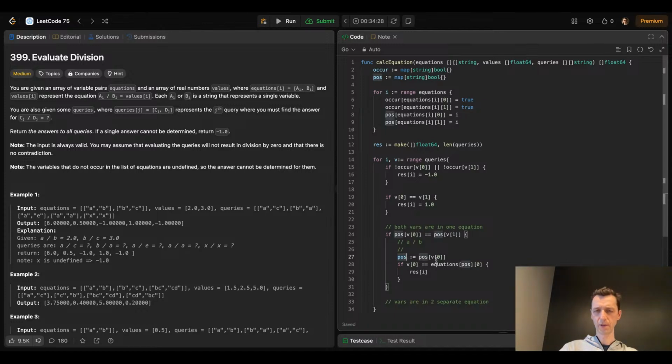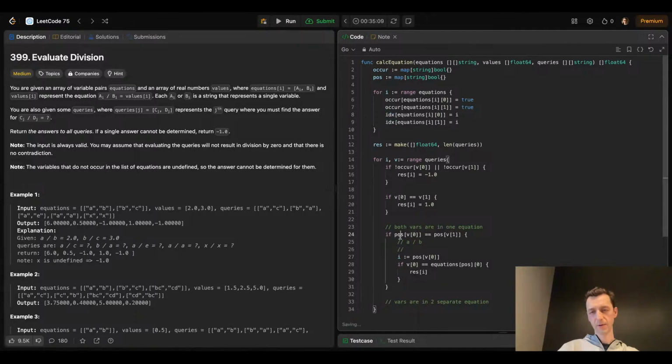We can call it, I don't know, what should we call it? Like position. We can call it I. It's the index essentially. By the way, we can call index IDX.